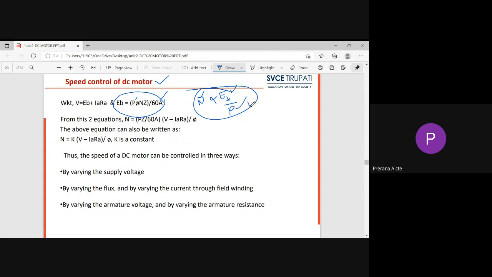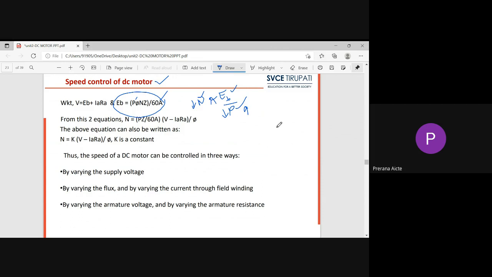When flux reduces, speed increases. When flux increases, speed reduces, the opposite. So when there is a change in flux, we can control the speed of the DC motor.